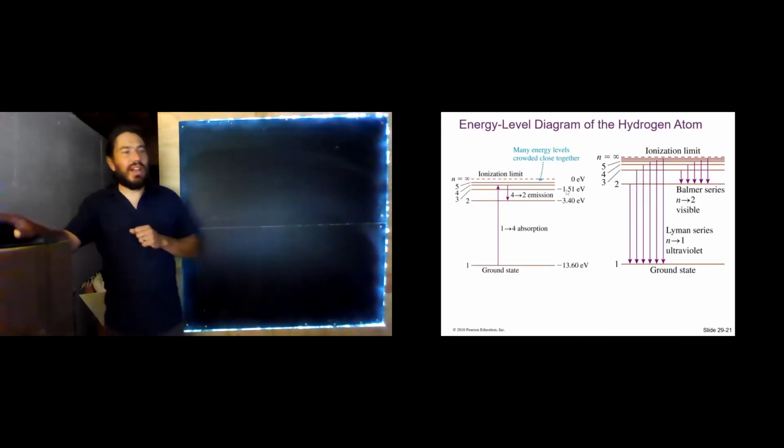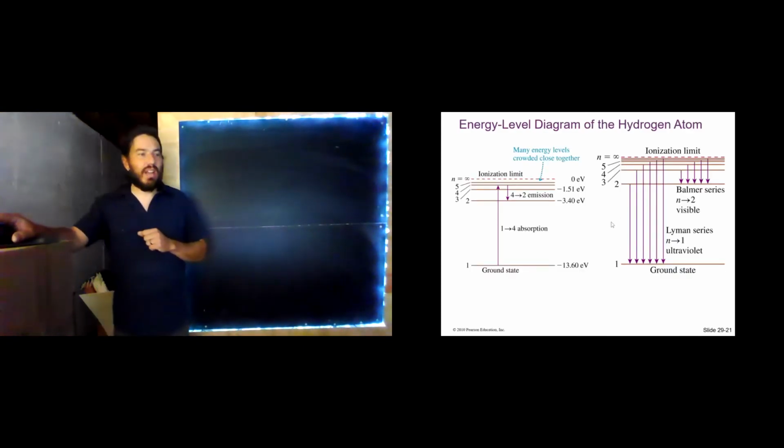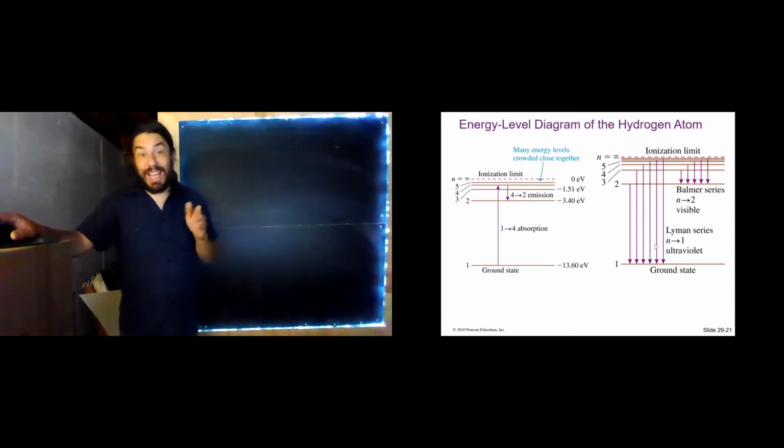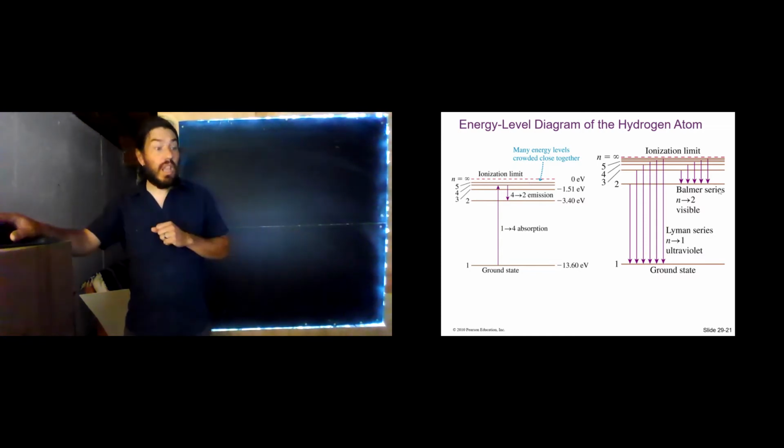So here is an energy level diagram of the hydrogen atom. Notice that because we've got that n squared on the bottom, the energy levels get closer and closer together as they get closer and closer to the ionization limit. So here we see the ground state, and here we see the excited states, 2, 3, 4. The Balmer series, again, all ends at n equals 2.